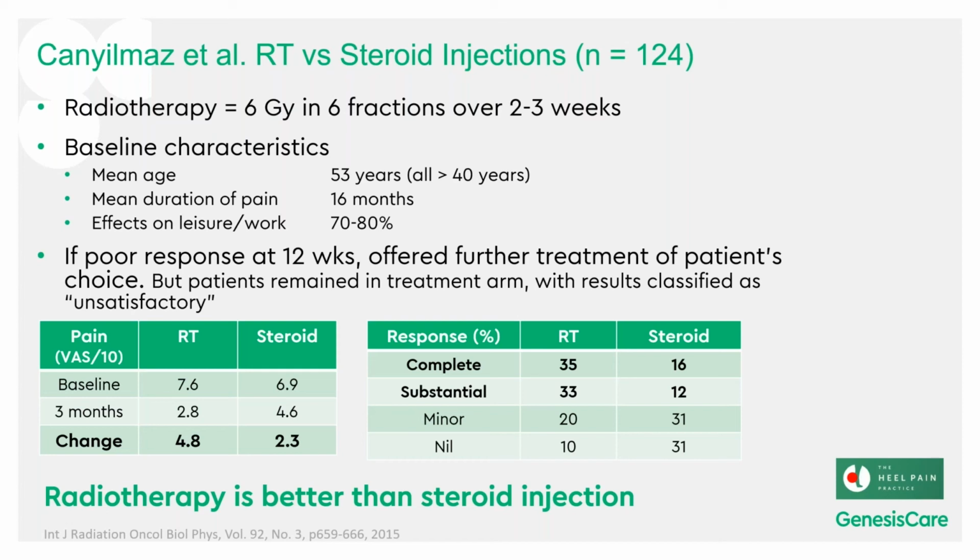And the radiotherapy group was a little worse to start with. But you can see there was approximately double the reduction in pain with radiotherapy compared to the steroids. And also, if you add up the complete and the substantial response in the radiotherapy group, there was a 68% complete plus substantial response, whereas steroid only had a 28% response. So therefore, the conclusion of this one is that radiotherapy is better than steroid injection.